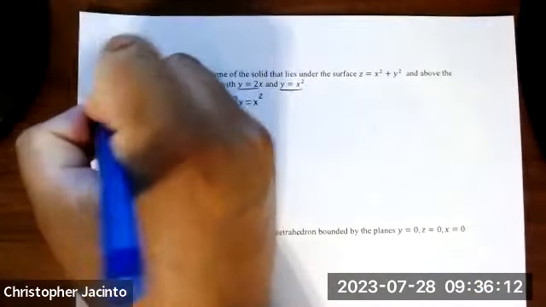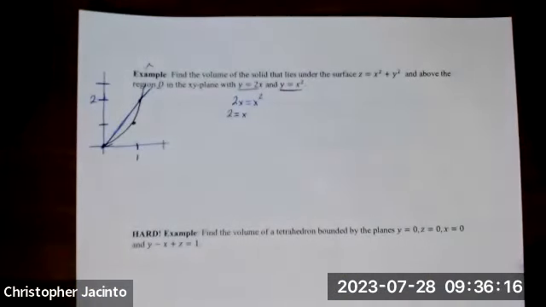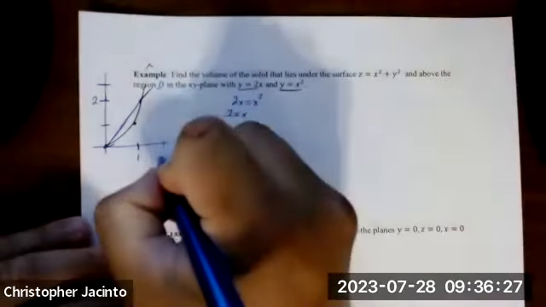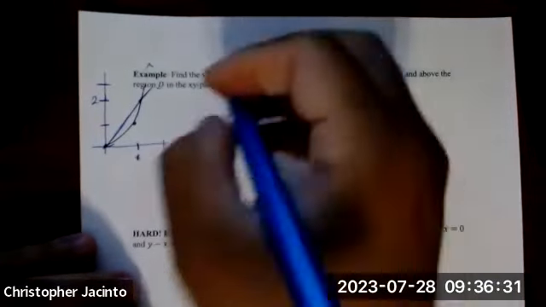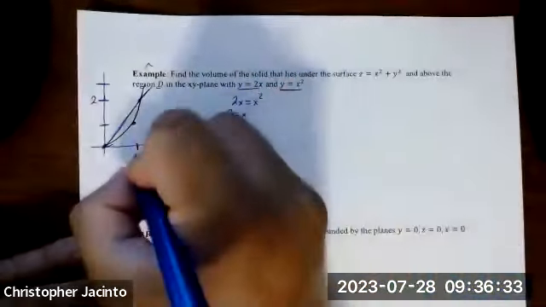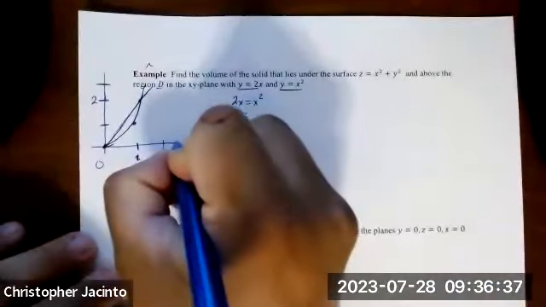So it hits right there and there. Oh, sorry, x equals 2 out here. So 0 to 2 is going to be our bounds for x.